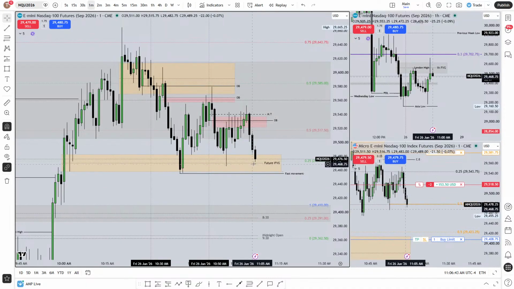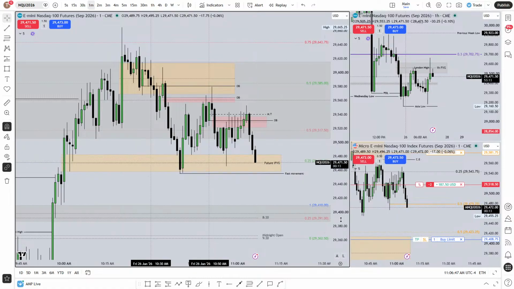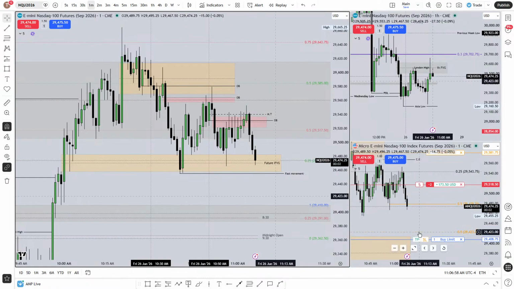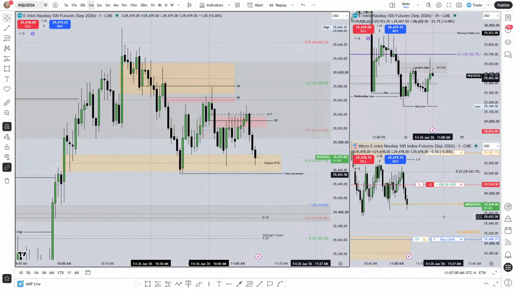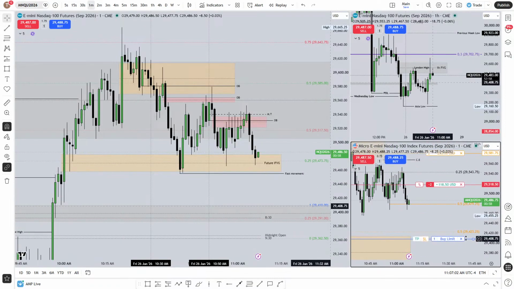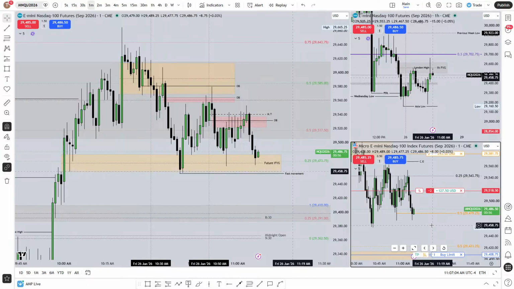It'd be even better if we close below the midpoint of this gap too. 10 seconds left in this candle. Ah, it held. I kind of closed below, but that's not as prominent as I would want it to be.